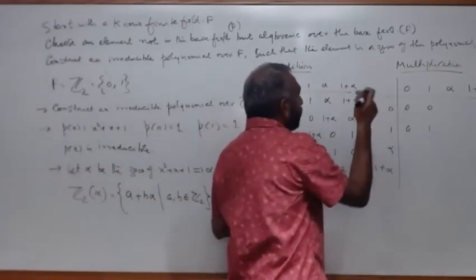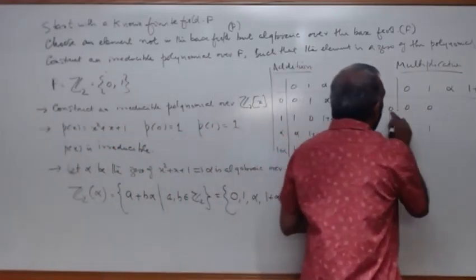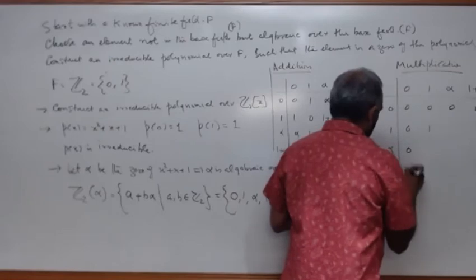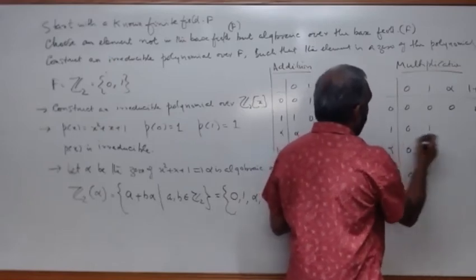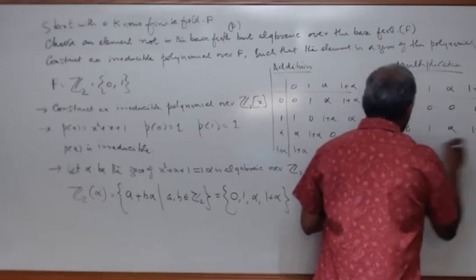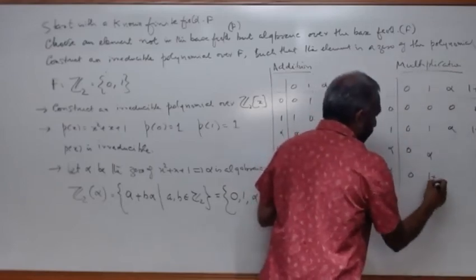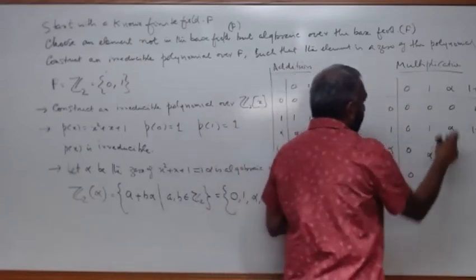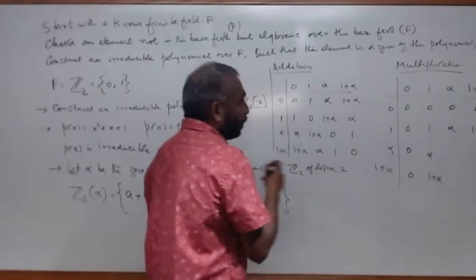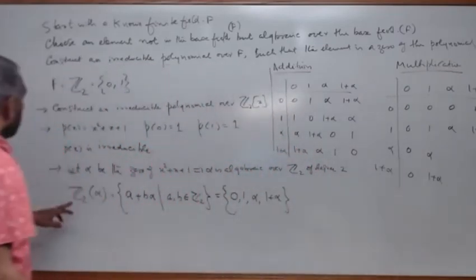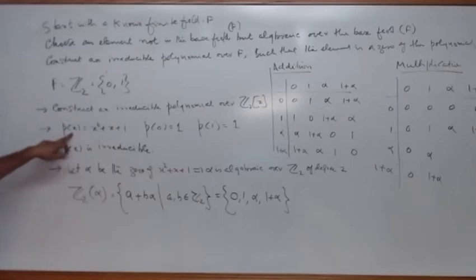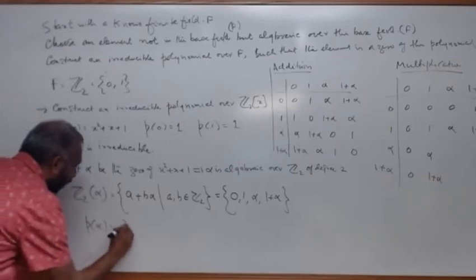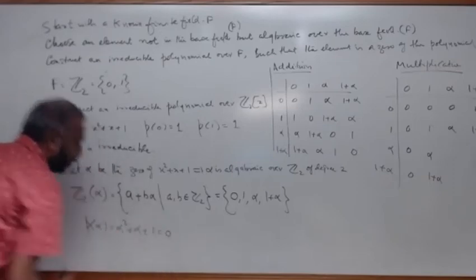So here, for multiplication, this is 0 and this is also 0, this is 0 and this is also 0. If you multiply by 1, it is going to be 1 plus alpha, and alpha times 1 plus alpha. The only problem is this square: alpha times alpha is actually alpha squared. What do you know about alpha? Alpha is a 0 of P(x). So P(alpha) equals alpha squared plus alpha plus 1, and that is equal to 0.